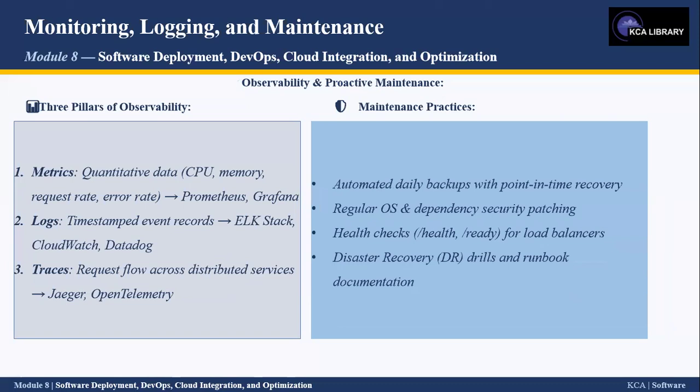Maintenance practices are automated daily backups with point-in-time recovery, regular OS and dependency security patching, health checks for load balancers, and disaster recovery tests with runbook documentation. Proactive monitoring prevents outages before they affect users.